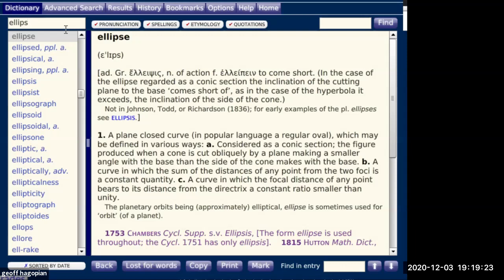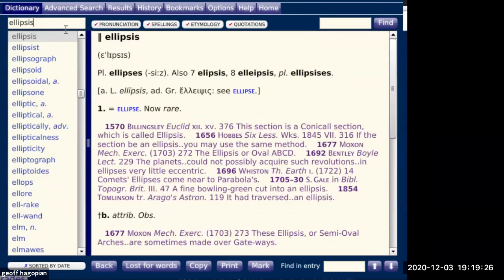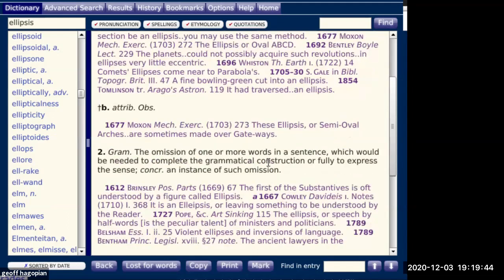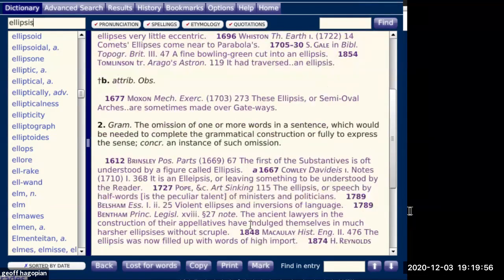But look at what happens when I change the last two letters of the word to ellipsis. Well, ellipse is now rare. So what are ellipses? Conical section. Okay, so this is the rare definition. The omission of one or more words in a sentence which could be needed to complete the grammatical construction or fully to express the sense.